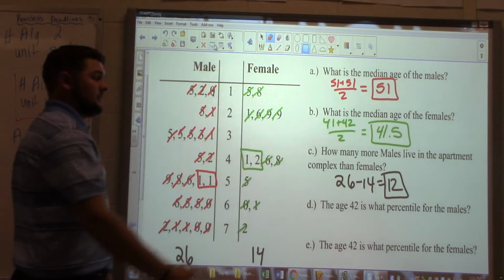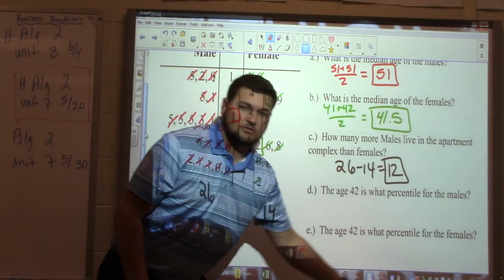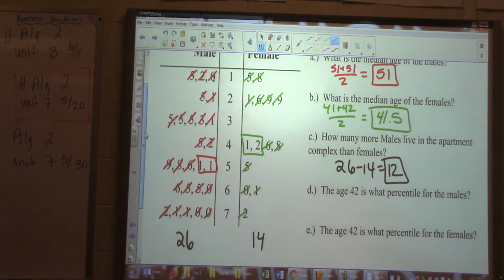Okay, sorry. The age 42 is what percentile for males? How do we find percentile? Does anyone remember? Grace, how do you find percentile?